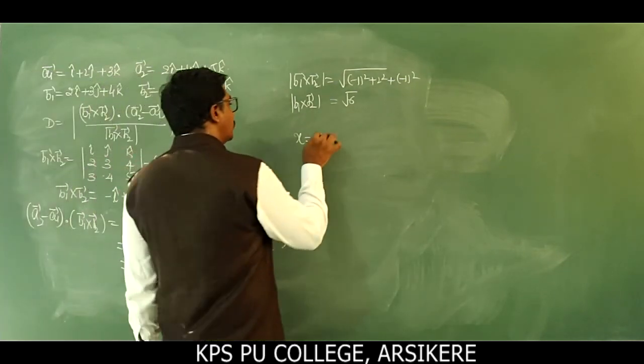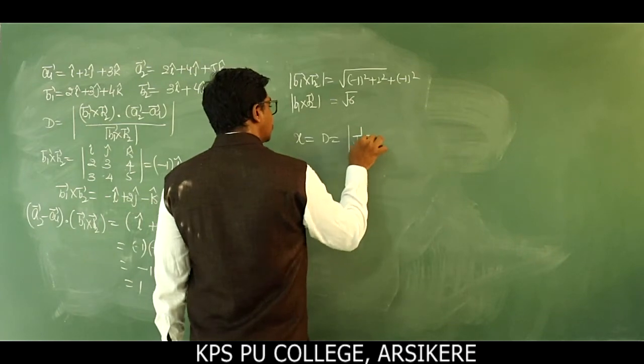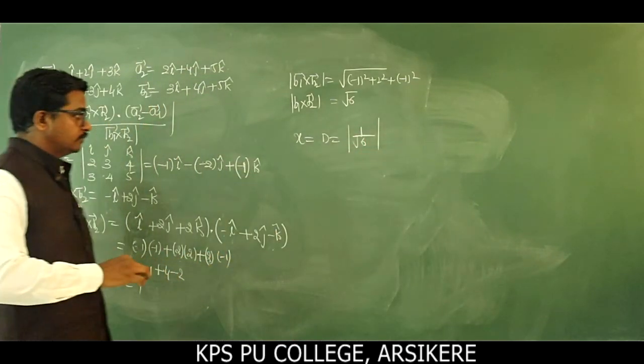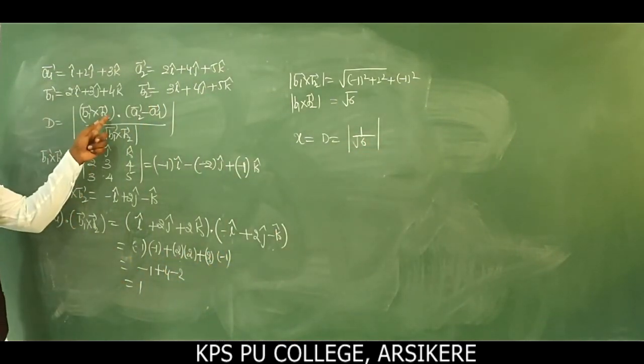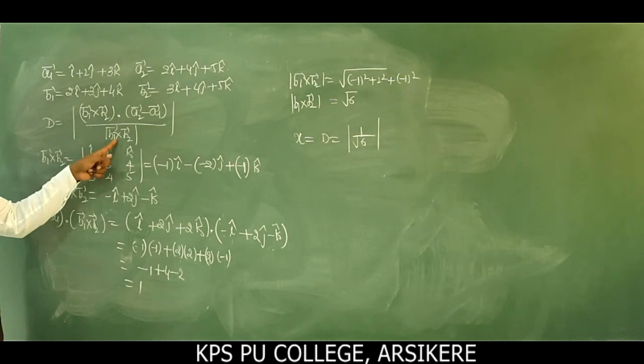So x is equal to what we have here, d. That becomes 1 divided by root 6. Substitute here, both are the same, the dot product is 1 and this will be root 6.